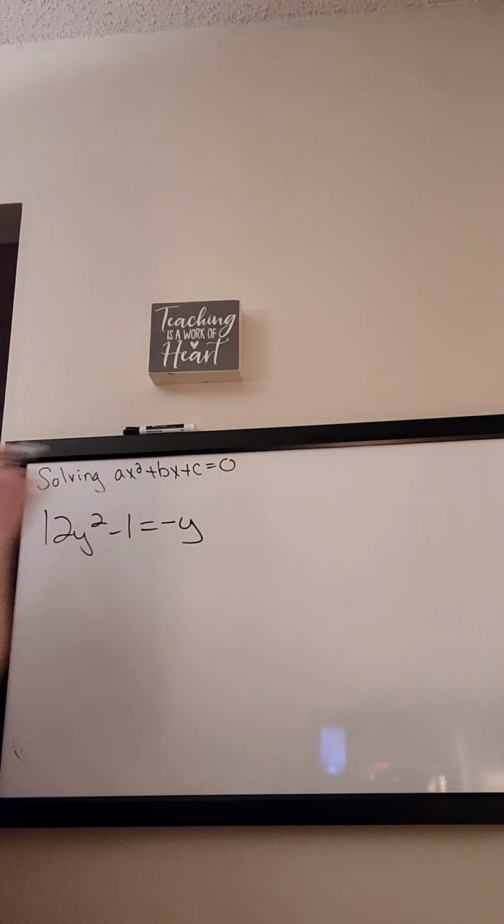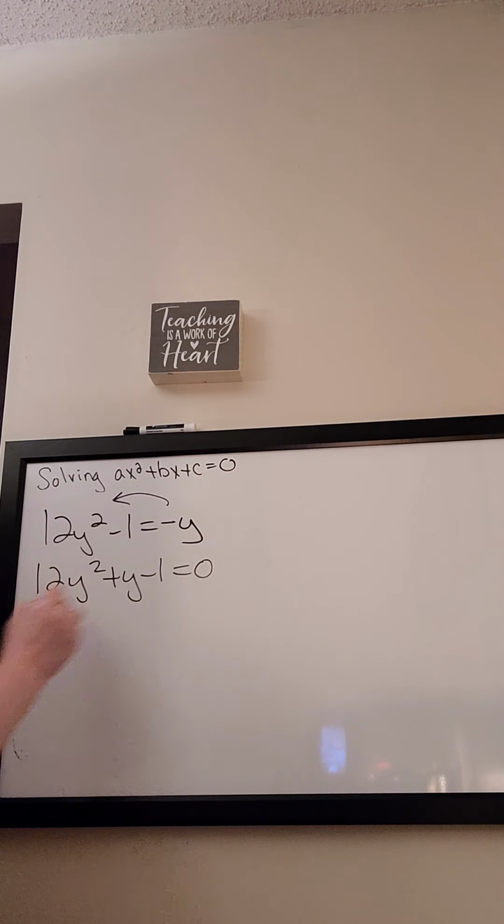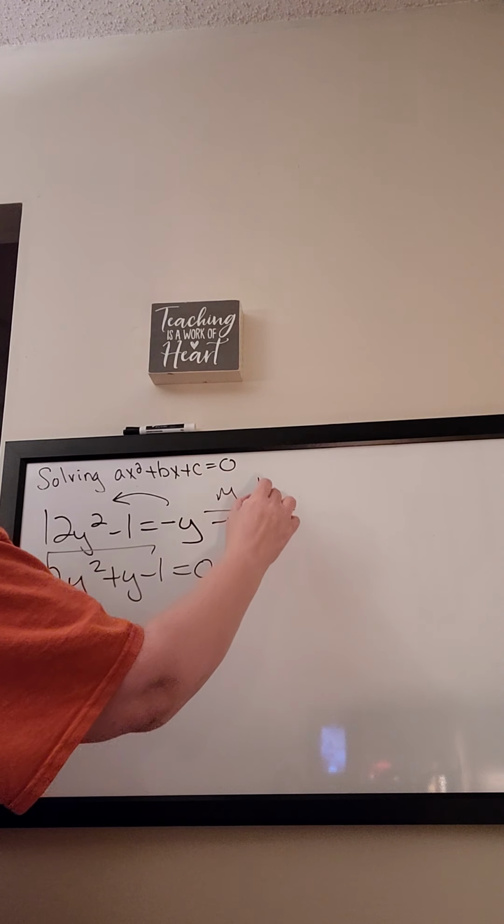Okay, I'll just do one this way where it's kind of a grouping method. We need to get the y over here. So 12y squared plus y minus 1 equals 0. It's going to be a plus and a minus. It needs to multiply to be negative 12, and it needs to add to be 1.